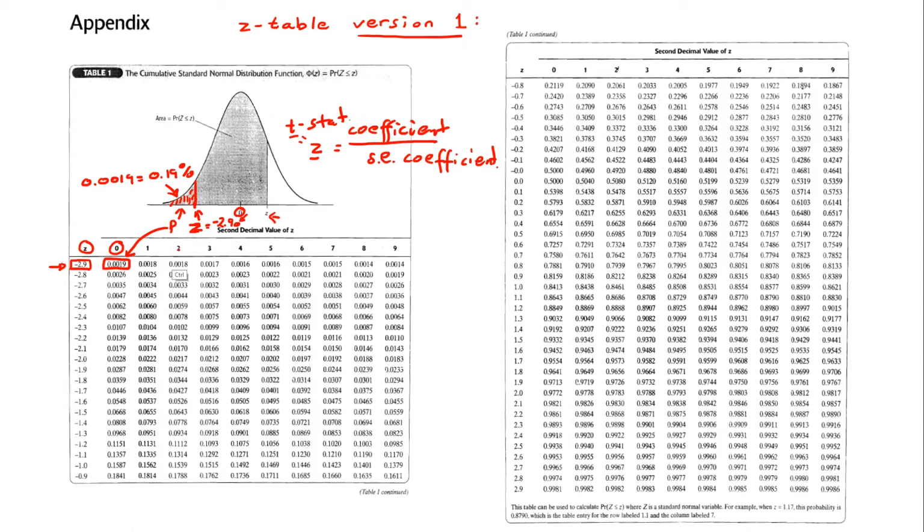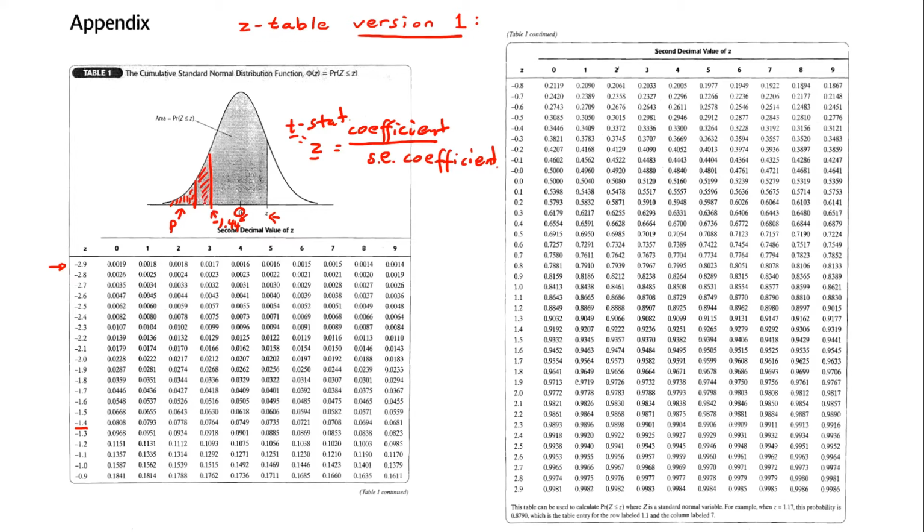And if we have a different example, for example negative 1.44, then this number is maybe around here, right?